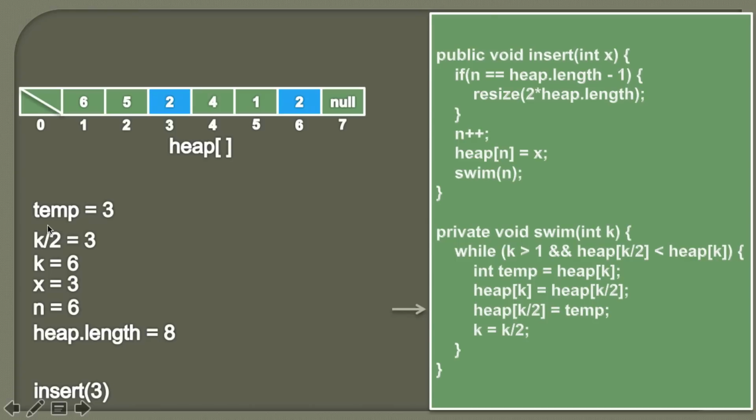And finally we assign the value 3 to the value at index 3. So it becomes 3. So friend, as the value of k was 6 and we swapped 3 and 2, 3 reached its parent. So now we'll assign the value of k by 2 to k, because we need to again compare 3 with its parent. So once we do that, k becomes 3.